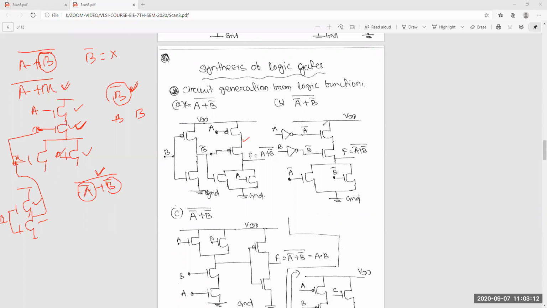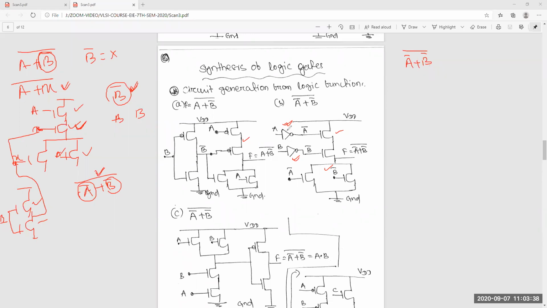So you have to design a NOR gate, but at the input, you have to give a bar and b bar. That's why I put a bar, b bar. And this again, you can do this circuit. Why have I given this example? Suppose this is a bar plus b bar.